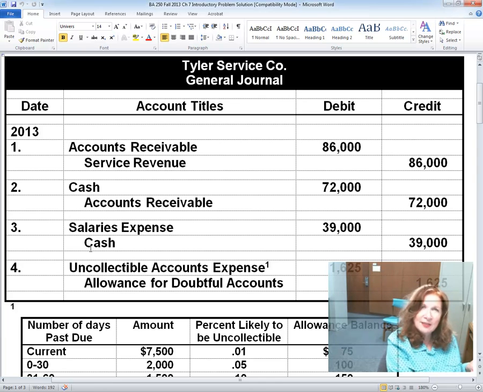Now, if you're looking at this problem and you haven't read the chapter, you haven't listened to the videos, this data is not going to be very meaningful to you. You need to look back at page 371 and look at the table at the top of Exhibit 7.3 to get an idea where these numbers even come from. So before we go any farther, be sure that you look at those and get those numbers.